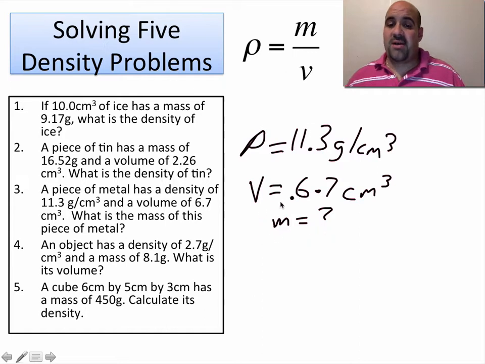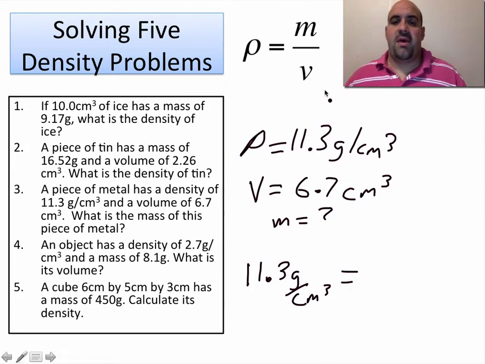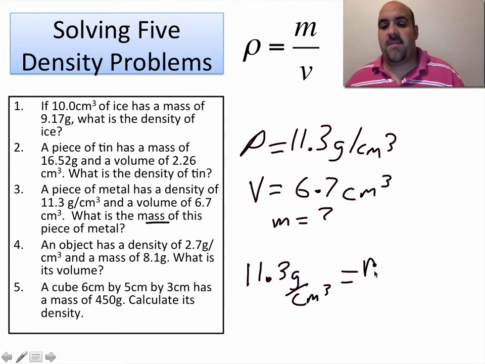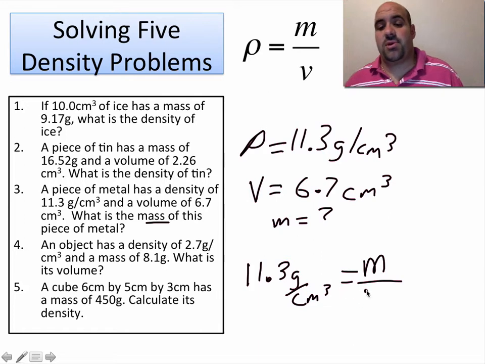And we're just going to plug the values in that we know. We know that rho, which is right here, is 11.3 grams per centimeter cubed equals the mass. We don't know the mass. They're asking us what is the mass. Equals M over V. Volume in this case is 6.7 centimeters cubed.